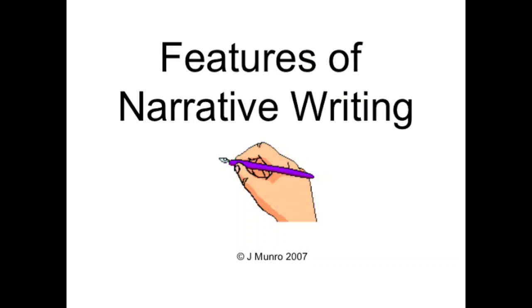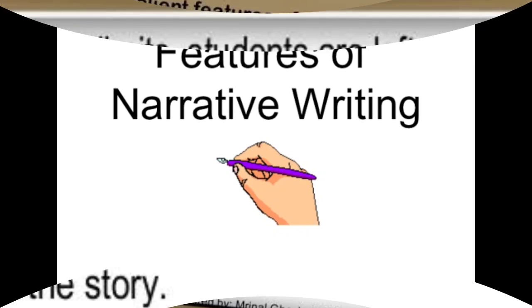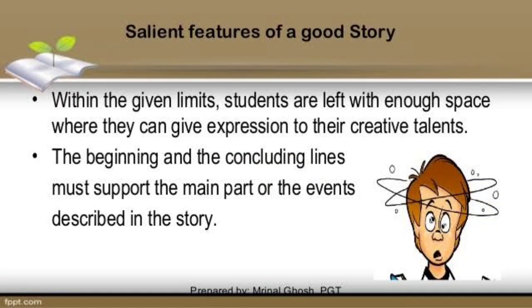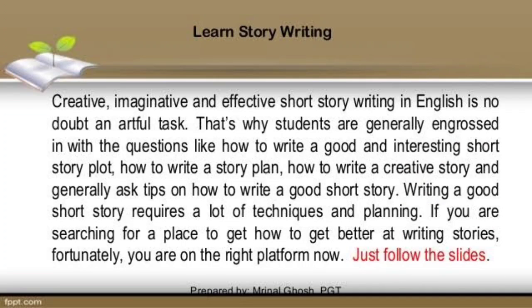Let's see the features of narrative writing, that is story writing, now. The salient features of a good story: within the given limits, students are left with enough space where they can give expression to their creative talents. The beginning and the concluding lines must support the main part or the events described in the story. Things to remember when you start writing a story: the story must be creative, imaginative, and effective. Short story writing in English is no doubt an artful task.